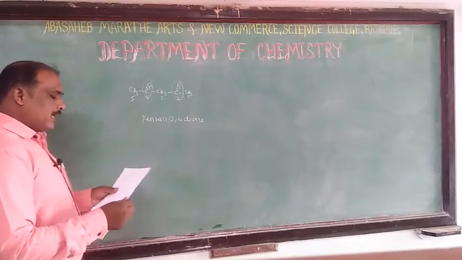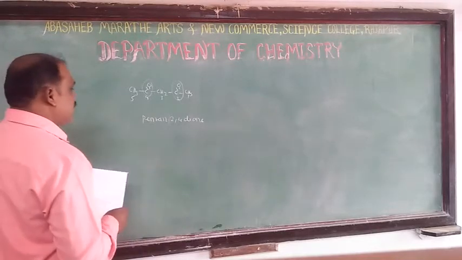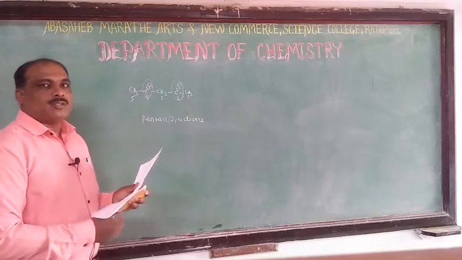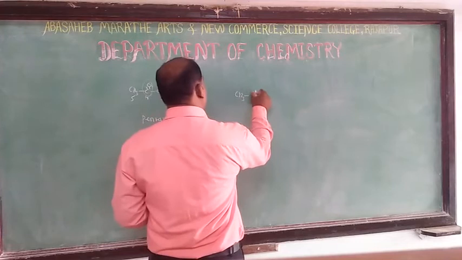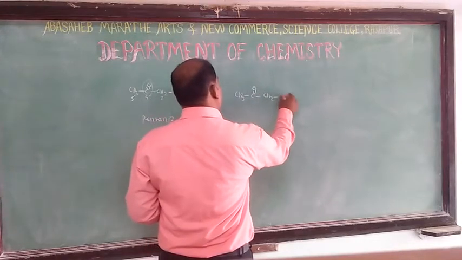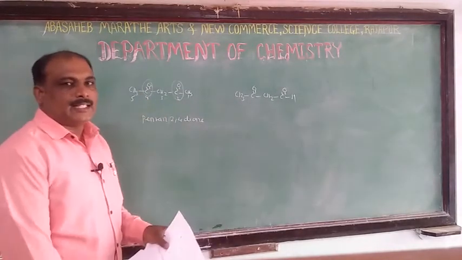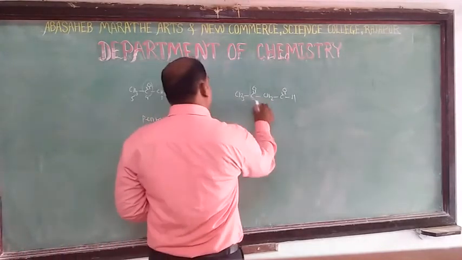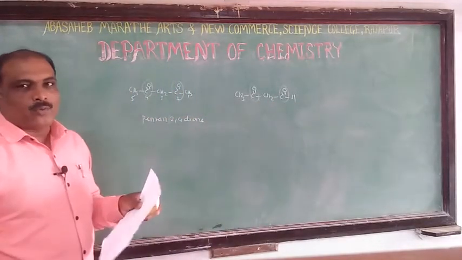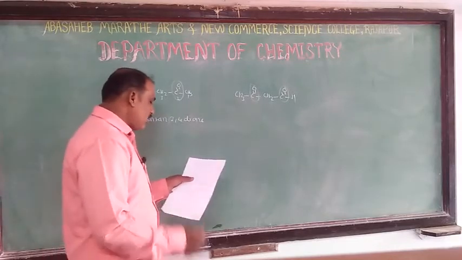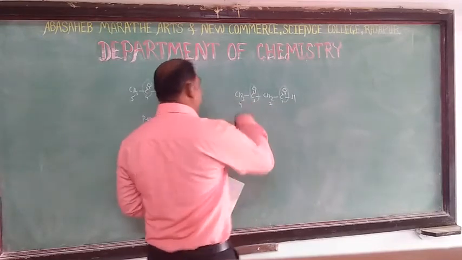If the molecule contains both an aldehyde as well as a ketone group, then the molecule's name is given differently, like CH3, C double bond O, CH2, C double bond O, H. Means those molecules which contain both functional groups. This is a ketone as well as an aldehyde group, right? So 1, 2, 3 and 4.